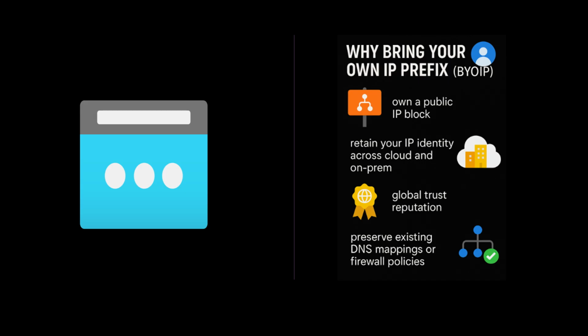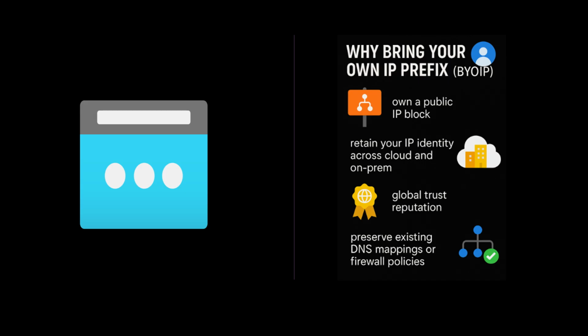Your existing IPs may already be allow listed by partners, vendors, or security systems, which gives you a trusted global reputation right out of the gate. If you are migrating legacy systems, BYOIP helps you preserve existing DNS mappings and firewall rules, reducing rework and ensuring a smoother transition.